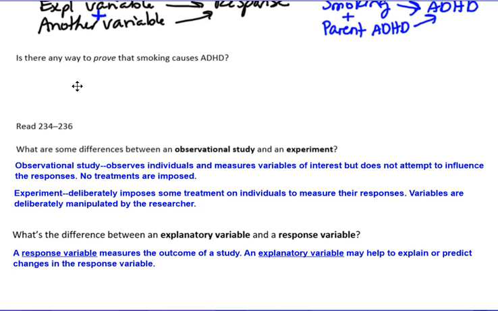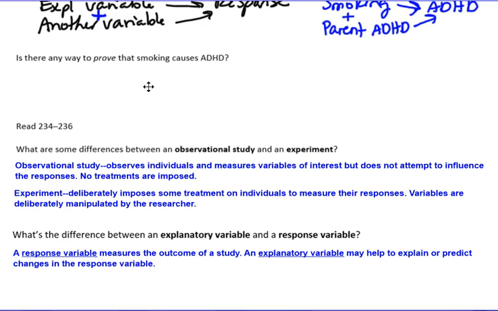And people didn't know it was bad for your health at that point. But then cases of lung cancer started becoming common among smokers, and there was this concern that smoking causes lung cancer. There was no way to prove that smoking causes lung cancer because, once again, you couldn't do an experiment and say, we'll make you smoke for a long time and you don't smoke and we'll see who gets lung cancer.